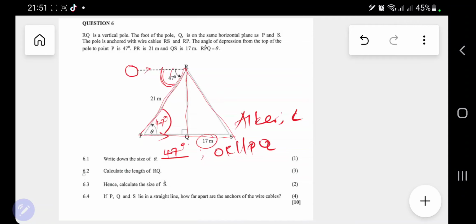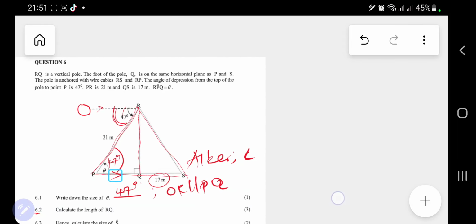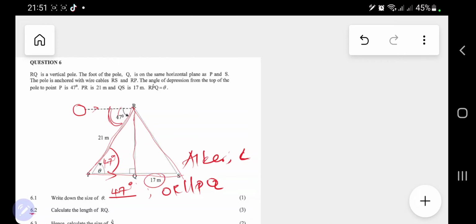All right, let's look at 6.2. Calculate the length of RQ. I'm going to work on this side now. RQ is this vertical pole.